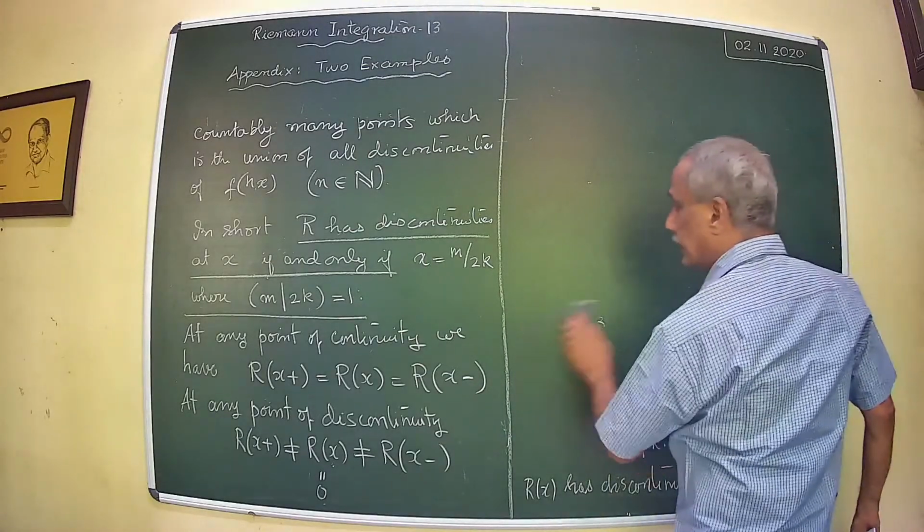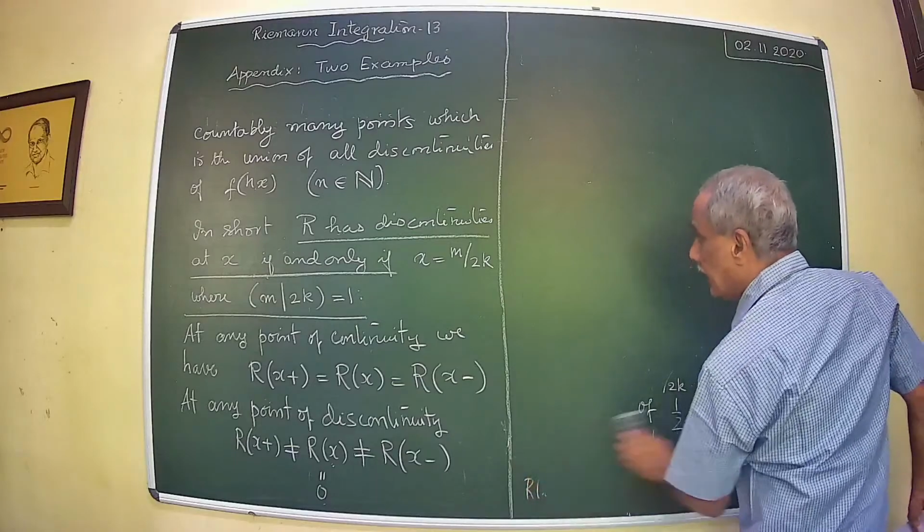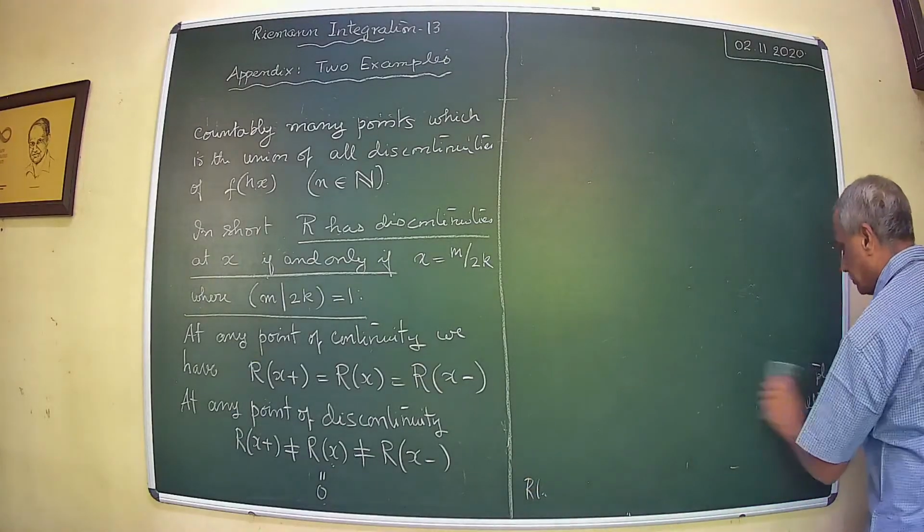What are the points of discontinuity? They are the points of the type x equal to m by 2k.